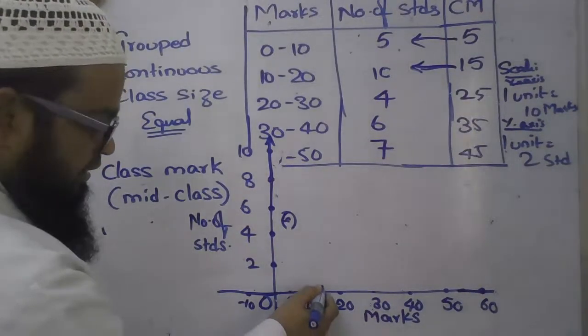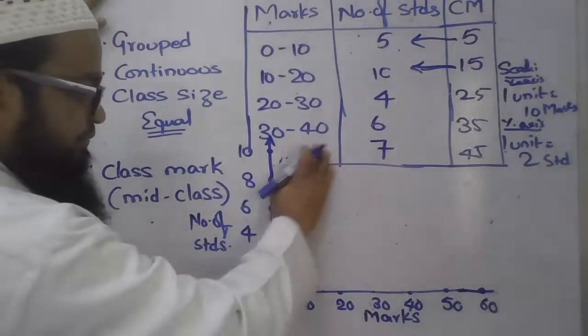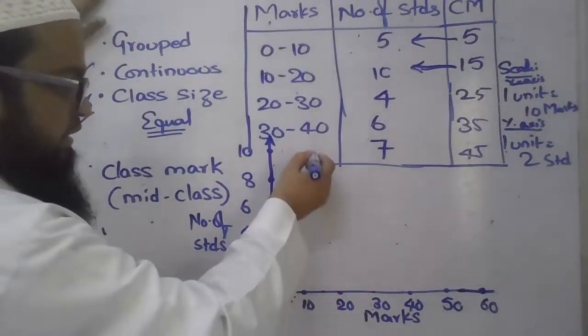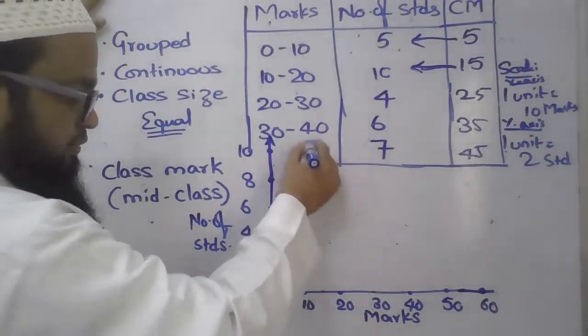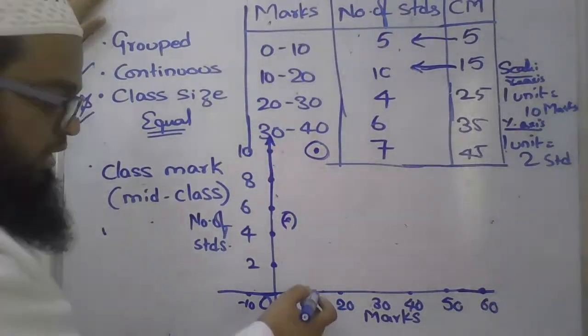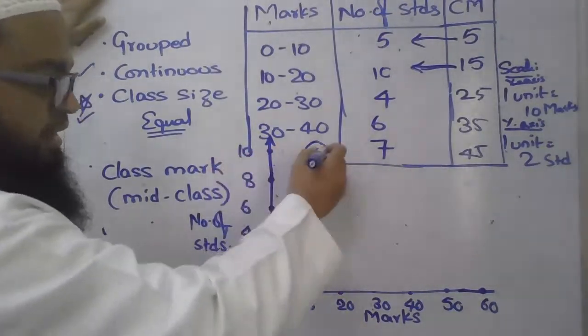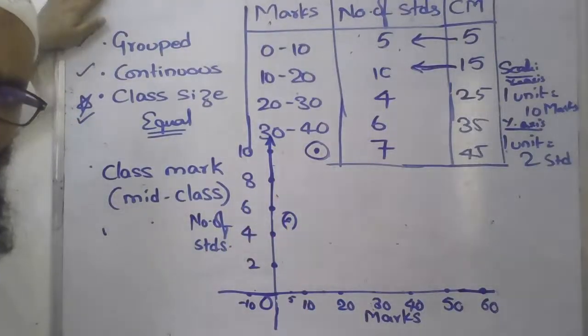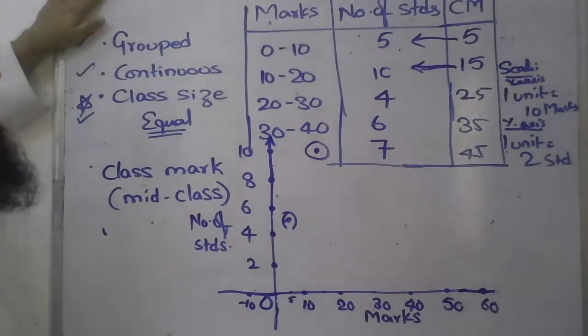So for 15, just go directly. Where is 10? It is over here. Draw a line with a scale, and you can rub it later on. So 15, it is 10.